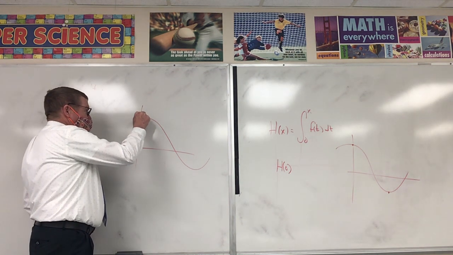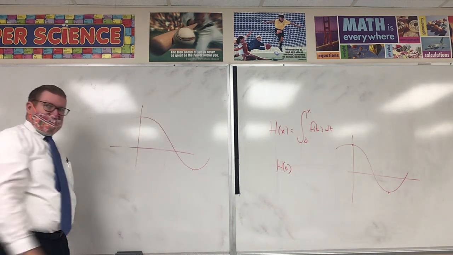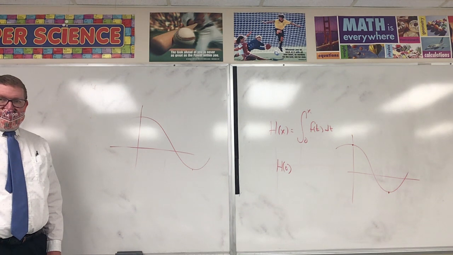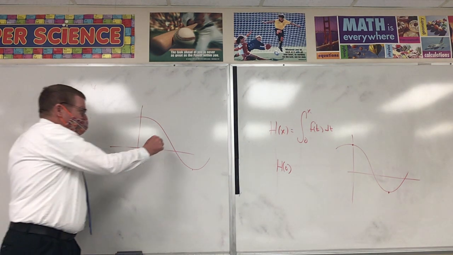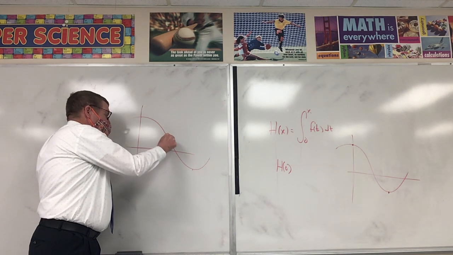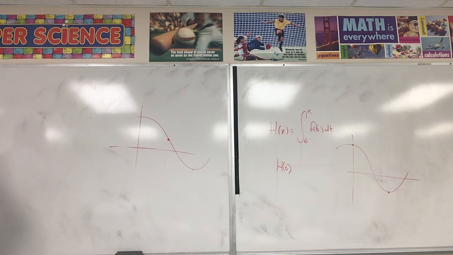So that means from here to here, my slope of the tangent line is negative. Second derivative tells me what? Concave up or concave down. It usually gives me a point of inflection, correct? Where I change from concave up to concave down is my second derivative.